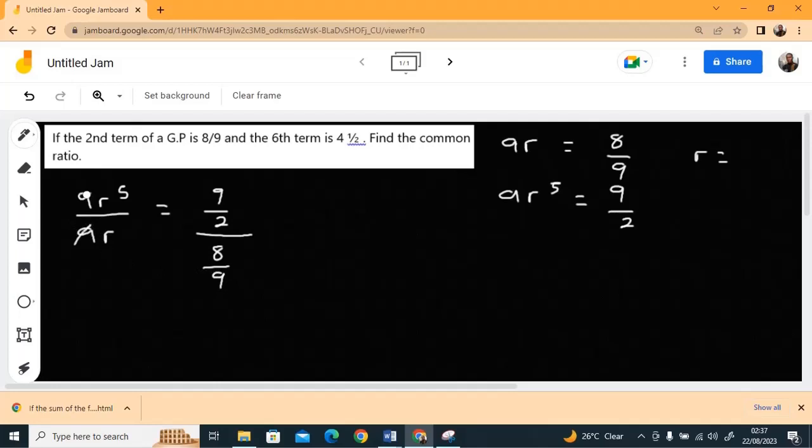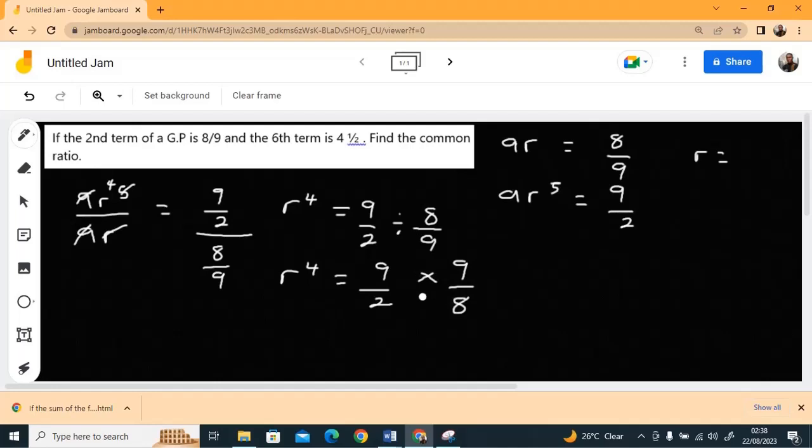So we cancel a, and remain r raised to power 4. So r raised to power 4 equals 9 over 2 divided by 8 over 9. So it will be r raised to power 4 equals 9 over 2 times 9 over 8.